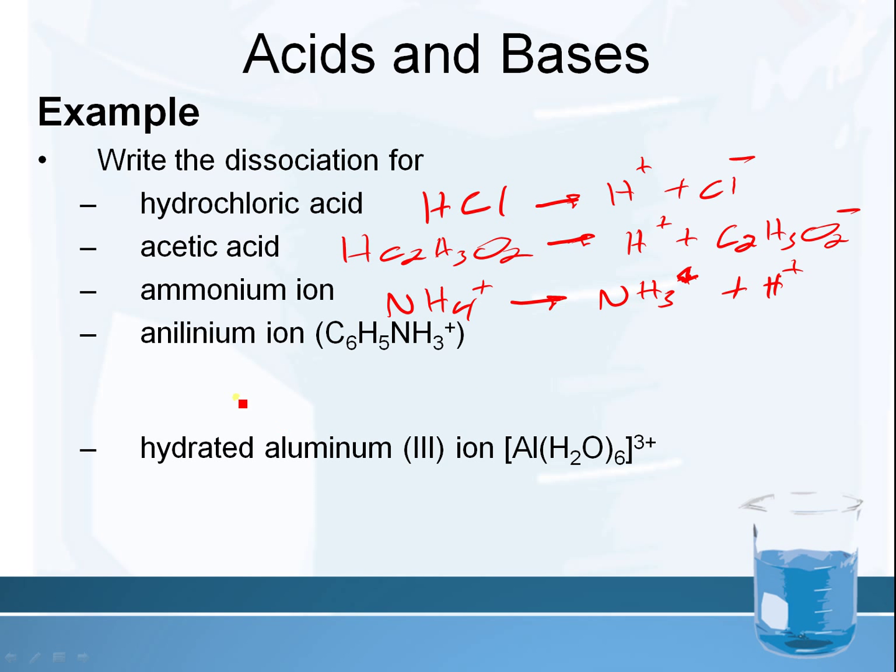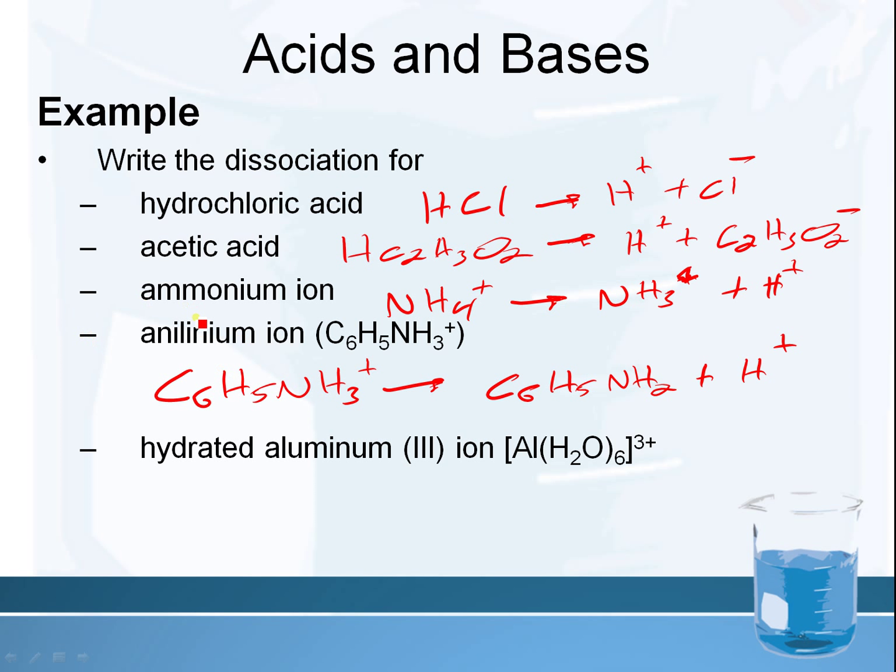The anilinium ion is a little tricky one, and these are ones you just have to start observing and being exposed to. C6H5NH3 positive is going to break apart into C6H5NH2 plus a hydrogen ion.